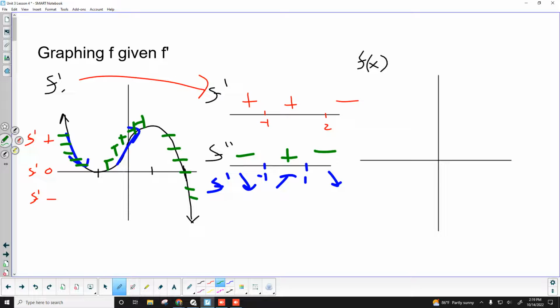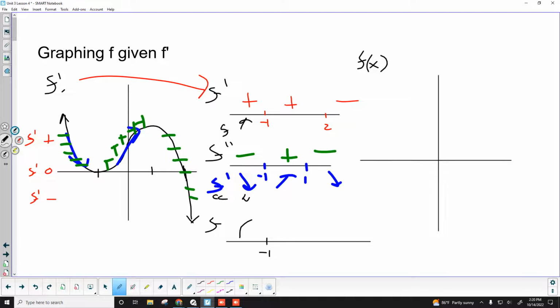Now, this type of question on the test, you will be given multiple different graphs, A, B, C, D, or 4 different graphs. You need to pick the one with the right shape, okay? So you need to be able to interpret your connection of f prime and f double prime to realize that until -1, f is going up and is concave down.